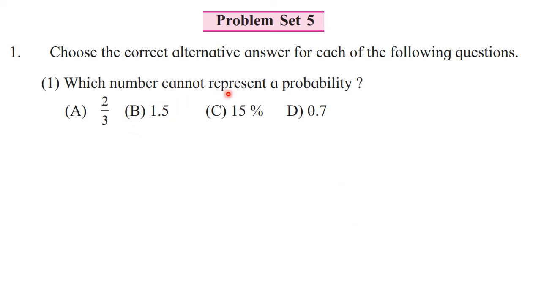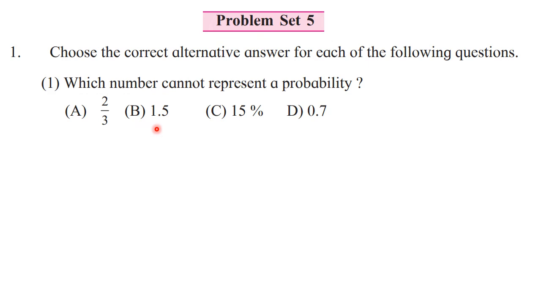Which number cannot represent probability? So just now I told you that probability is always from 0 to 1, or between 0% to 100%. So see, 2 upon 3 is less than 1. 15% is between 0 and 100. 0.7 is also less than 1.